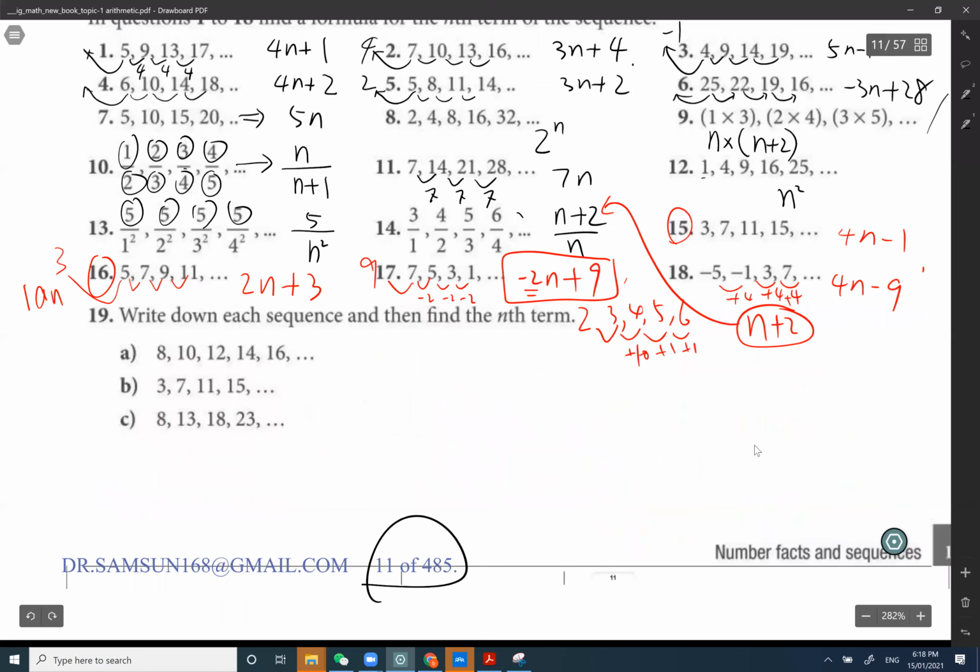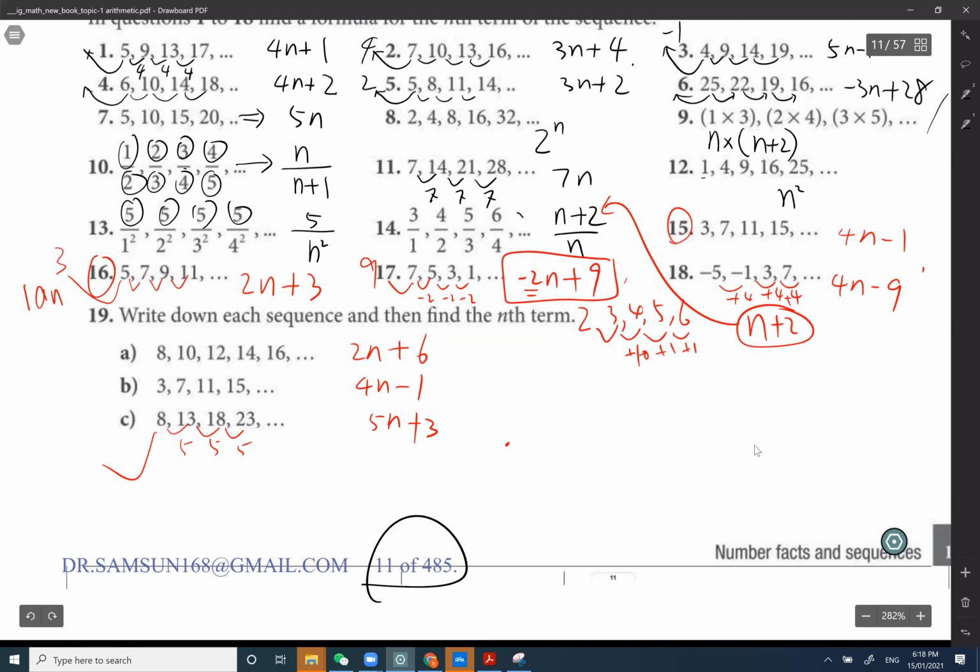Actually, 19A. Elisa, 19B. 4n minus 1. Elisa, 19C. Yeah. 5 and 3.